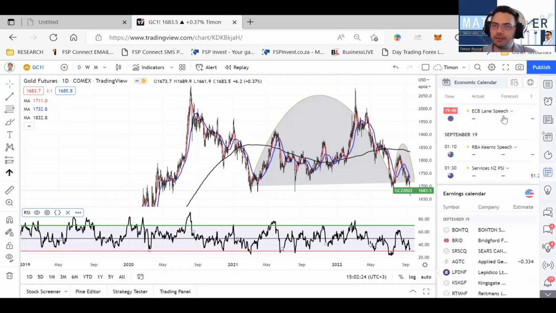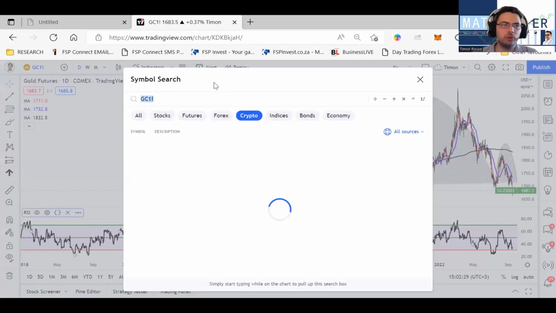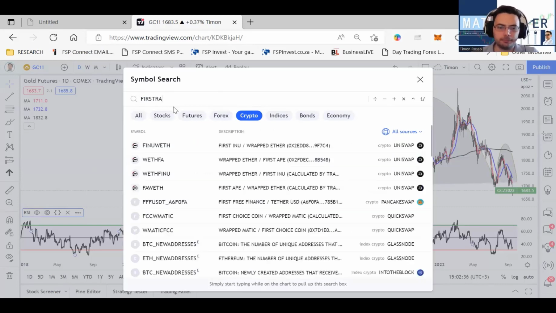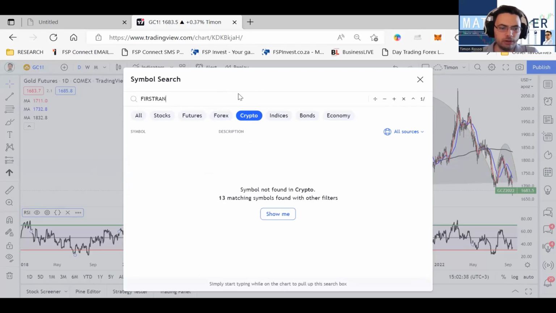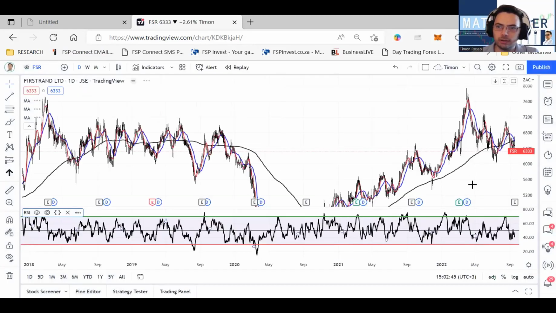Calendar. So this is the economic calendar with what companies are releasing their earnings. The same you can do with any company, really. What company sent out earnings recently? Let's try FirstRand. Choose stocks. FirstRand.